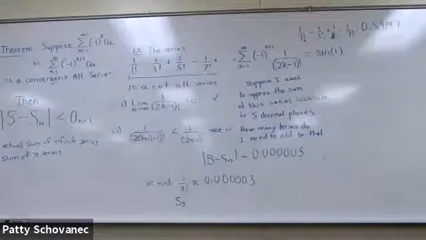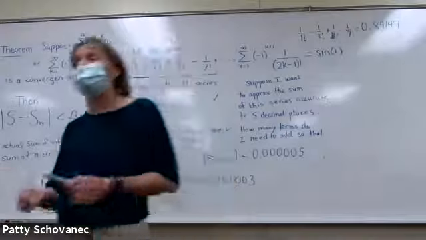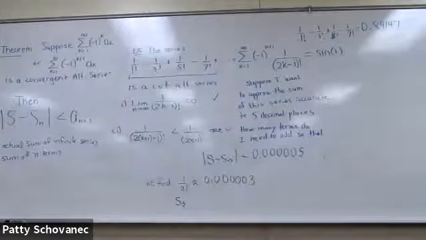A series is said to be absolutely convergent if it converges in absolute value. If it doesn't converge in absolute value, but it converges with, for instance, the alternating part, then it's said to be conditionally convergent.